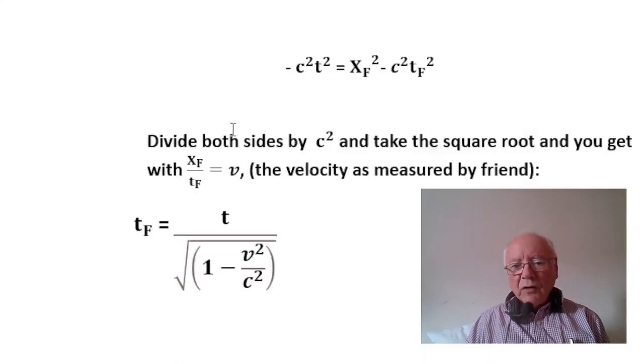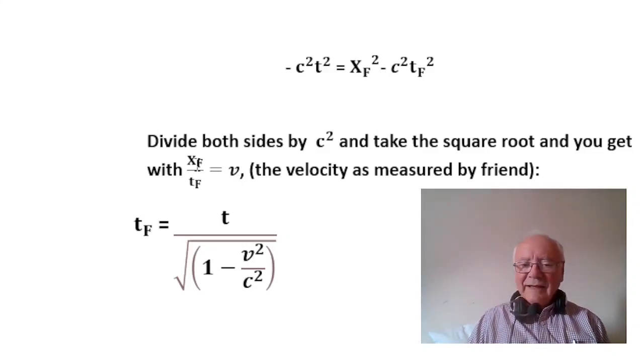So we've got minus c squared t squared is equal to xf squared minus c squared tf squared. Well, what we can do is we can divide both of these sides by c squared, and then we can take the square root and we can call xf over tf v. V is the velocity that my friend measures, the distance he or she is moving after a time tf that they are measuring.